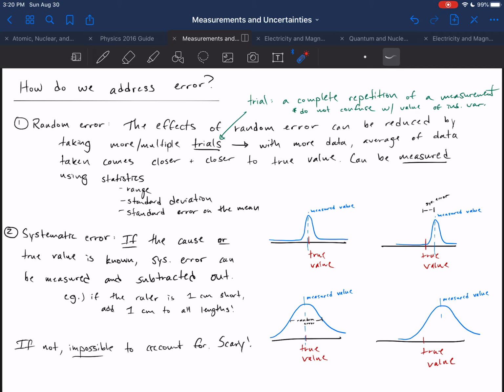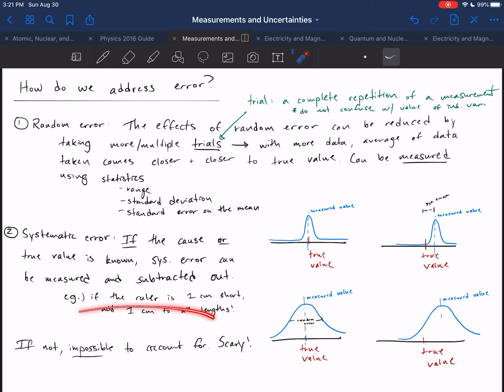But the problem is, often neither of these things are true. So in real science, people are trying to measure values that have not been measured before. So they don't know what the true value is, and they don't know that they've made a mistake in their methodology or with their instrumentation. These errors are systematic errors, and they are impossible to account for, which is why when the error, quote unquote, is given in a scientific paper, often the only value that's given is random error, not systematic error, because if it were known, the scientists would have already accounted for it and subtracted it out.